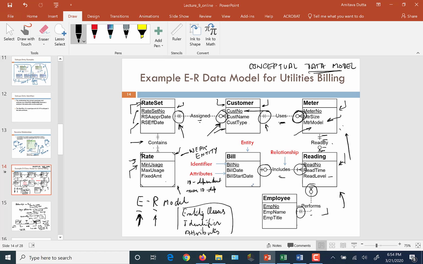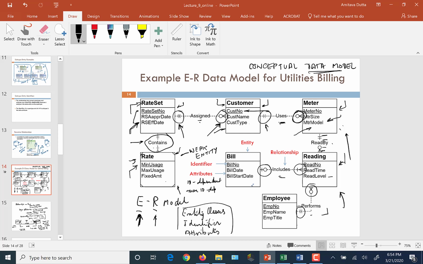But anyway, for our purposes here, what is useful to remember is that a weak entity is a slight variation of an entity, and it exists only when the strong entity to which it is related exists. And so this relationship called contains is a special kind of relationship, and it is drawn with a continuous line.